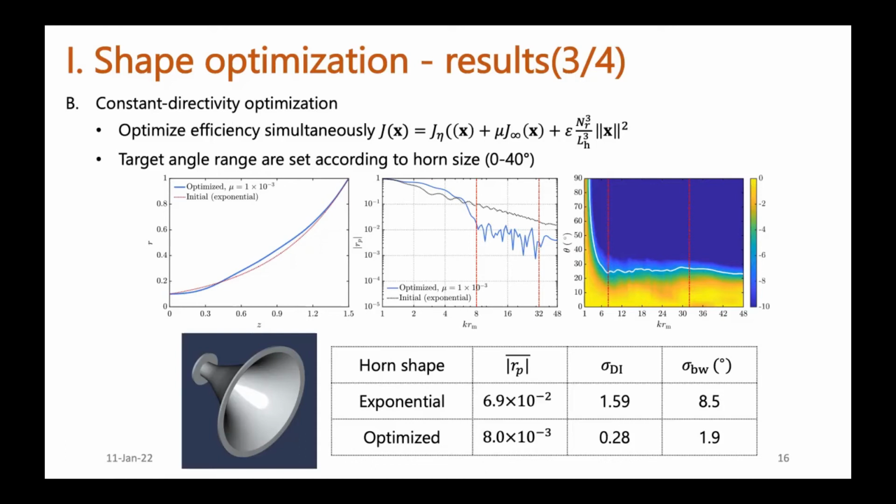So in order to avoid this, like what has been done in the literature, we simultaneously optimize the efficiency. So the objective function has 3 terms.